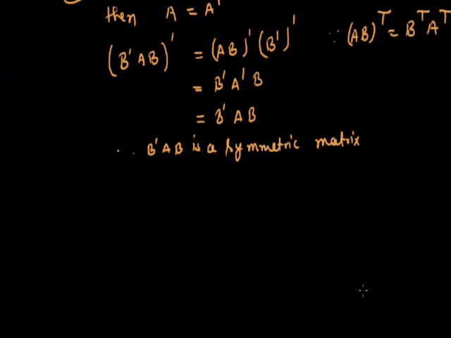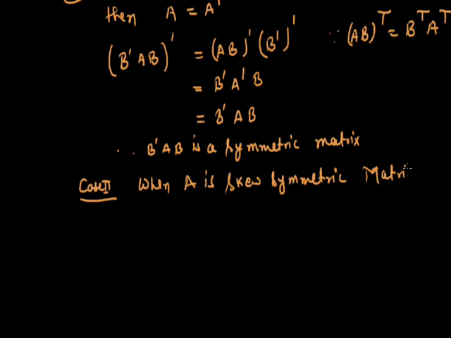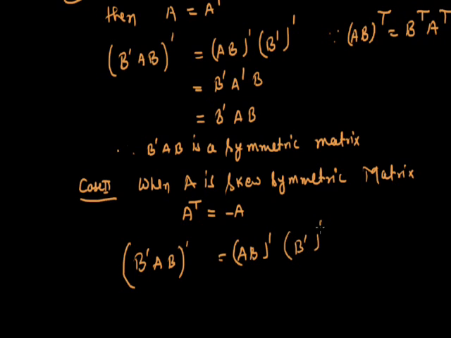Now case second. When A is a skew symmetric matrix, it means A transpose equal to minus A. Now (B' AB)'. So this will be equal to, again by the property, (AB)' (B')'.